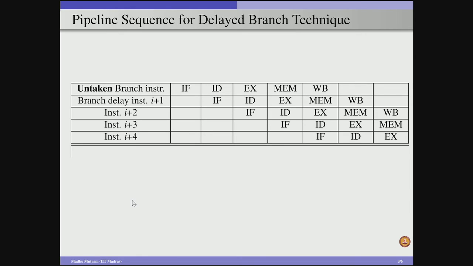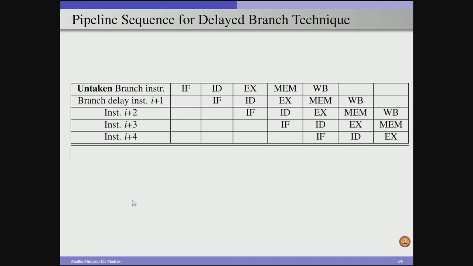So in this delayed branch technique, if the branch is not taken, let us assume that the branch instruction is issued at time t and this branch is not taken. When the branch instruction is in the ID stage, we are fetching an instruction which is in the delay slot, and we assume that the delay slot has the instruction which is following the branch instruction in the sequence.